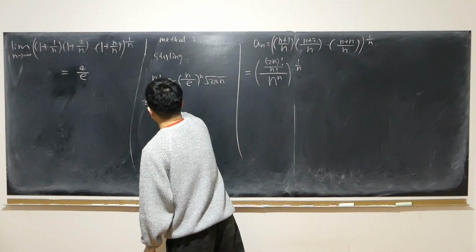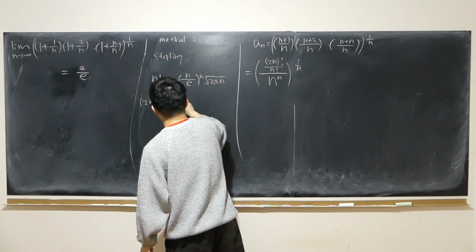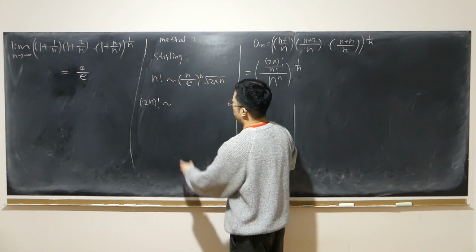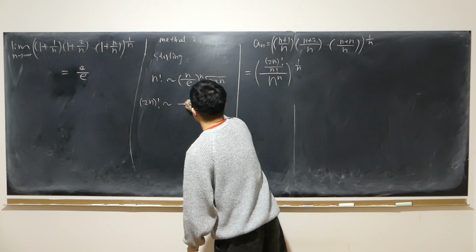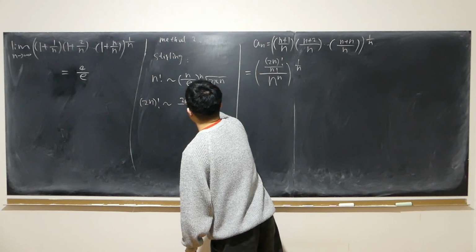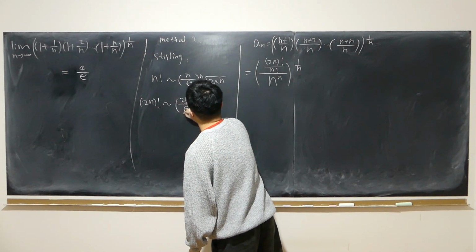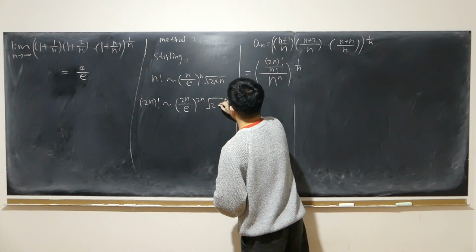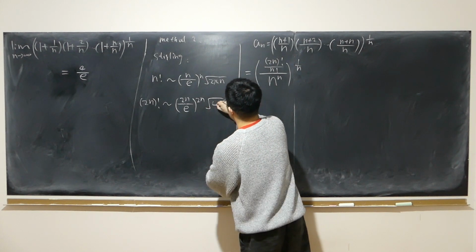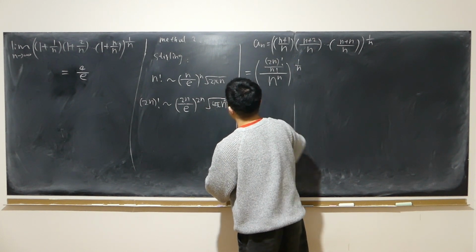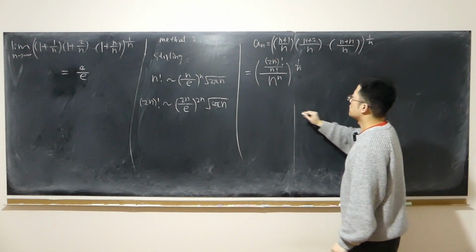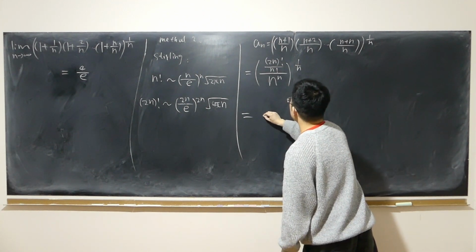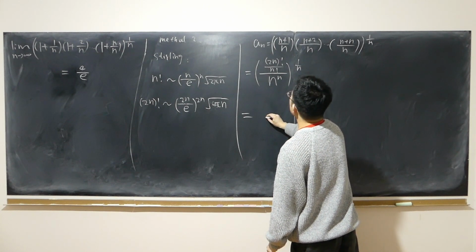So 2n factorial is asymptotically equivalent to just replacing n with 2n: (2n over e) to the power 2n, also times the square root of 4 pi n. So therefore this should be equal to this divided by that.